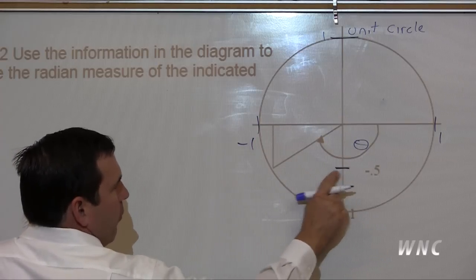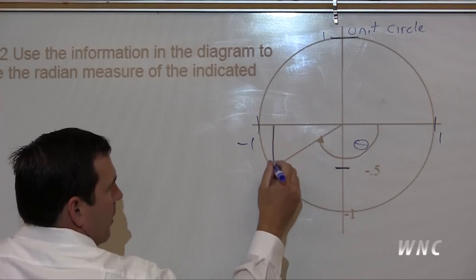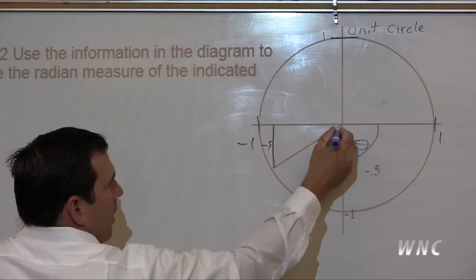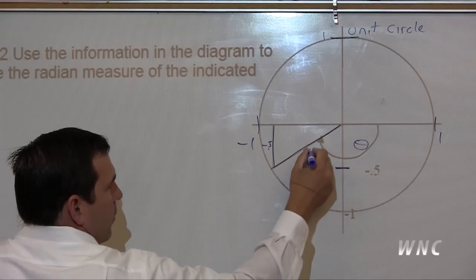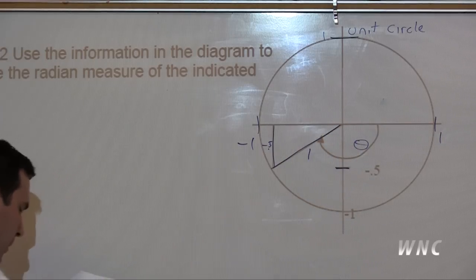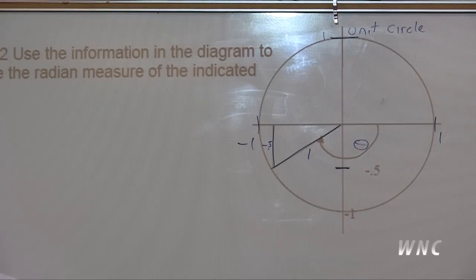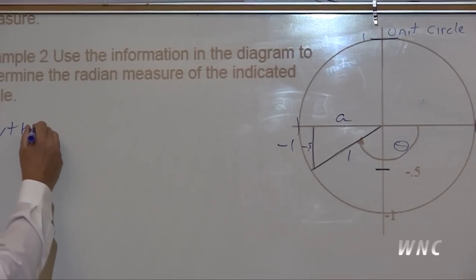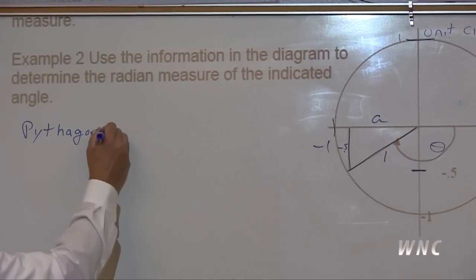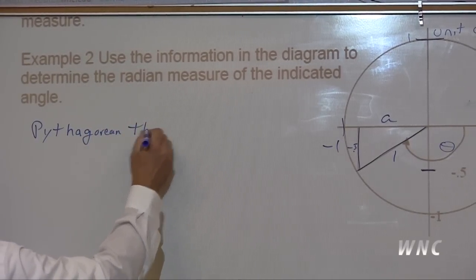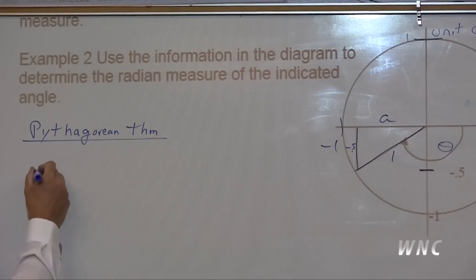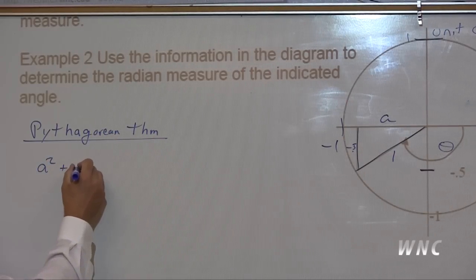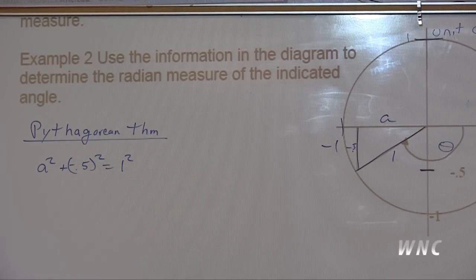Well, if this is negative 0.5, that means this side here is negative 0.5. This side here is 1. We want this side over there. We'll call that A. Now, by the Pythagorean theorem, we know that A squared plus negative 0.5 squared equals 1 squared.